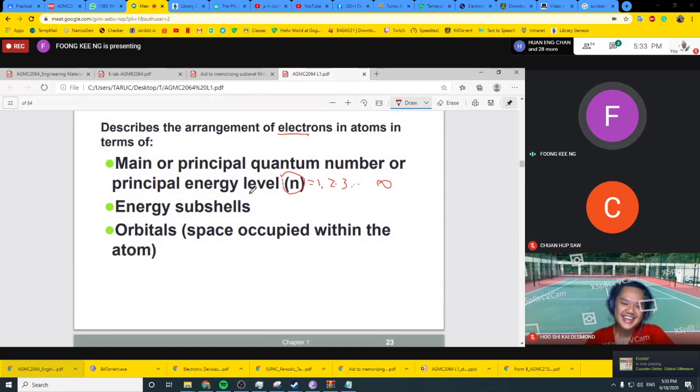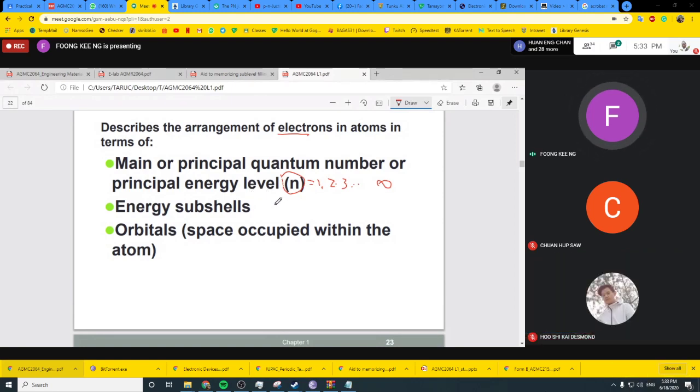Just like I explained that day, you have a condominium with many floors, many levels. So this is level 1, level 2, level 3. From the level, the next level we have is the subshell. We know by now, if you have read through, we have the s, the p, d, and f. So there are 4 subshells.